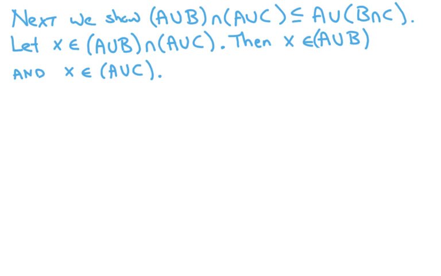Now, let's think about what we have to show for this X to belong to this union, it either has to be in A or in both B and C. So let's see how this is going to work out.